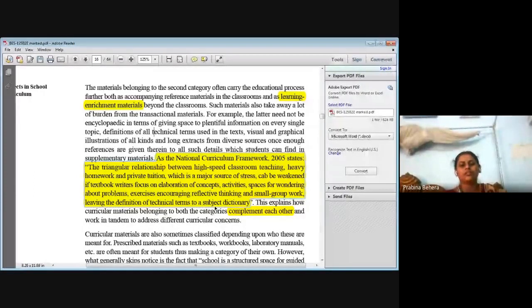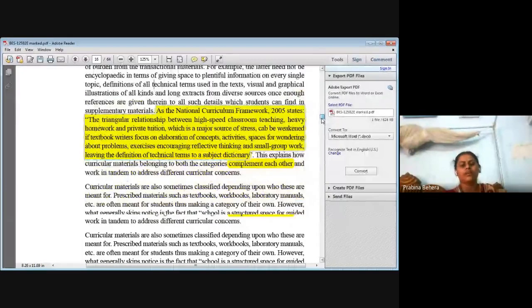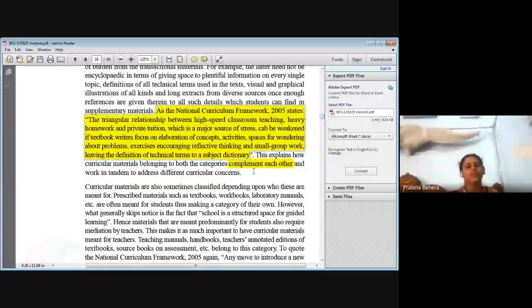And these two categories of curricular material, prescribed and supplementary, are complementary to each other. Reference material supports the prescribed material. Prescribed materials are textbooks, workbooks, and laboratory manuals.